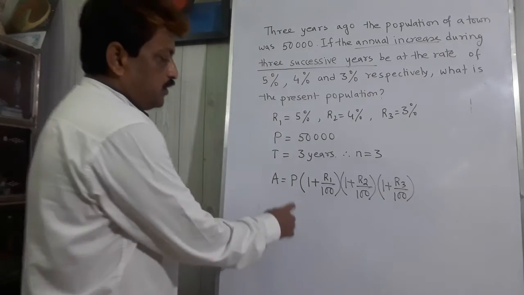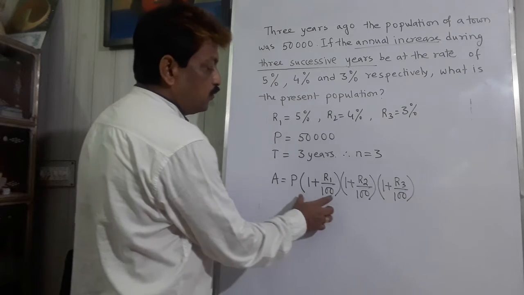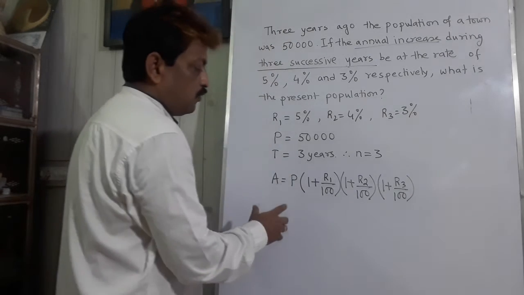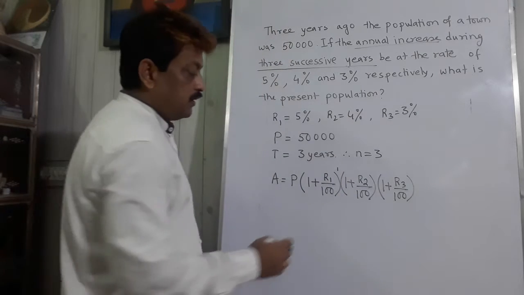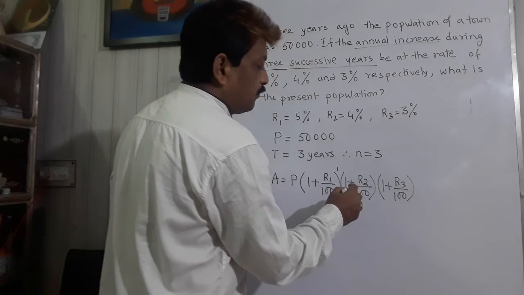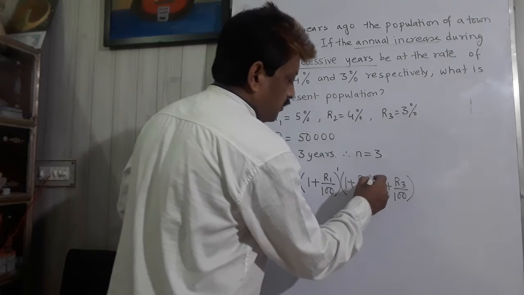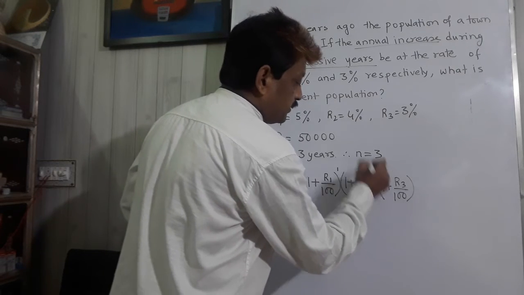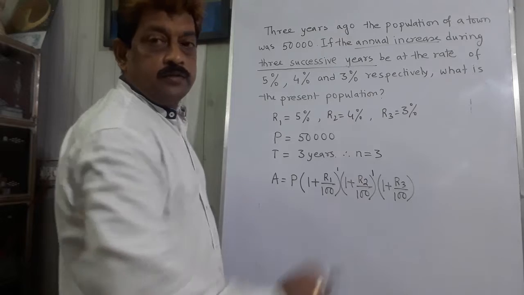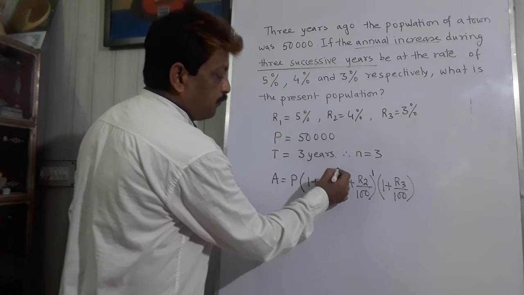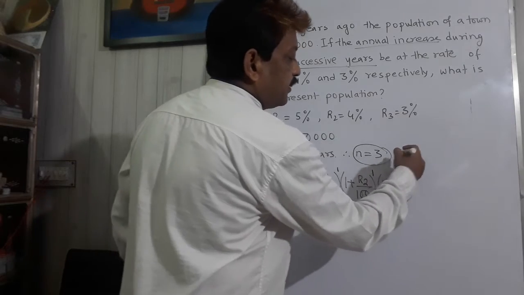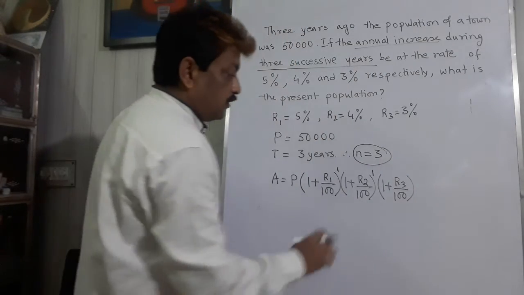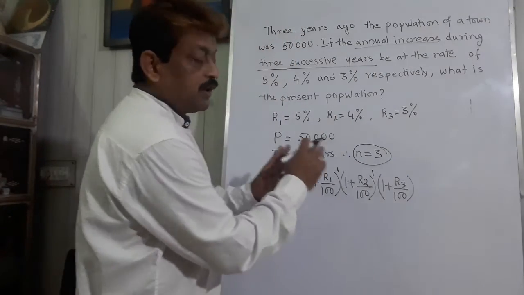Okay, so here it is, A equals P into (1 plus R1 by 100) to the power 1, because it is a case of 1 year, multiplied with (1 plus R2 by 100) to the power 1. This is also 1 year. All are annual cases. That is why this n will be divided into 3 steps, that is 1 year each.